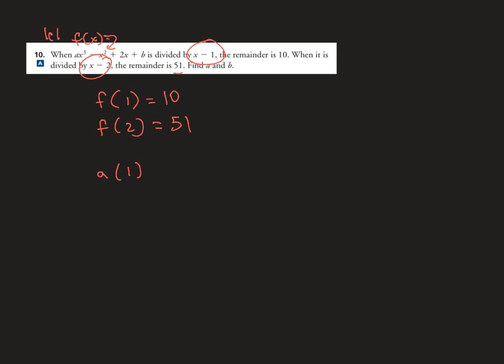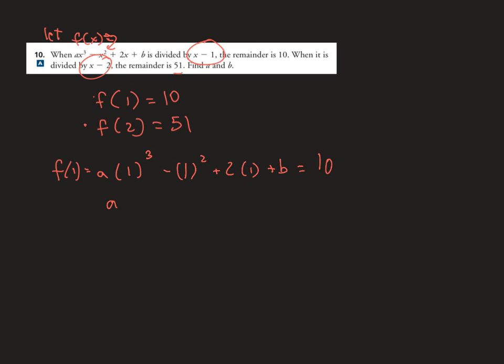So let f of x equal that, and that way I can name it f of 1 and f of 2. All right, so let's say f of 1, which is a times 1 cubed minus 1 squared plus 2 times 1 plus b. That should equal 10.